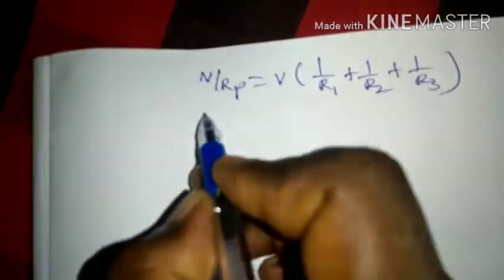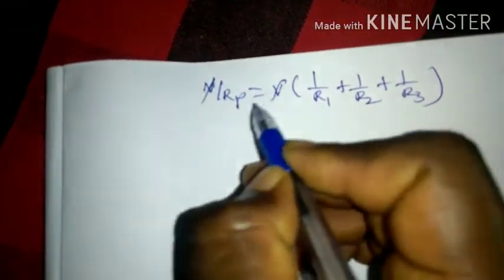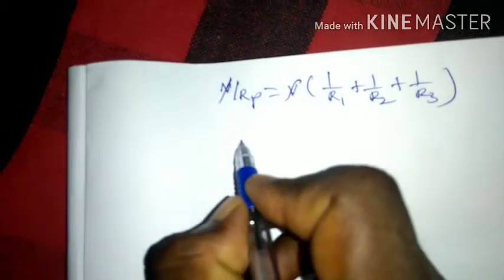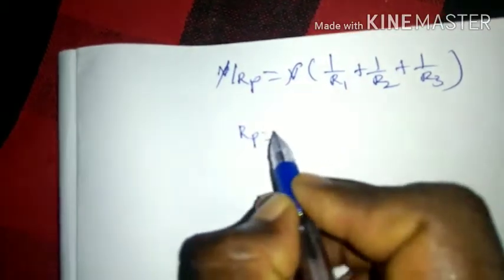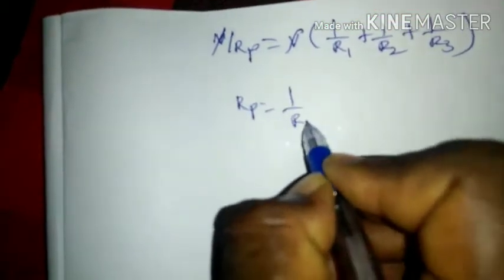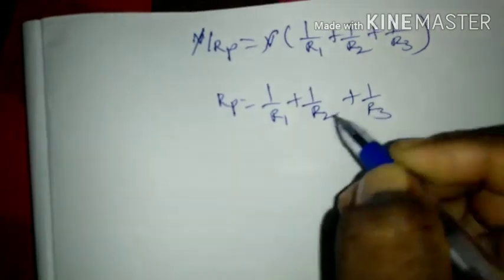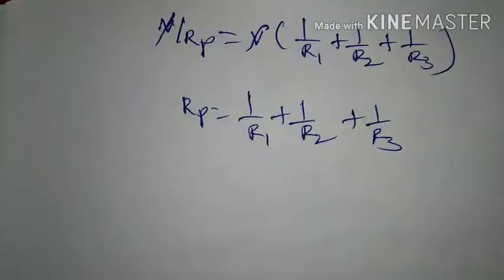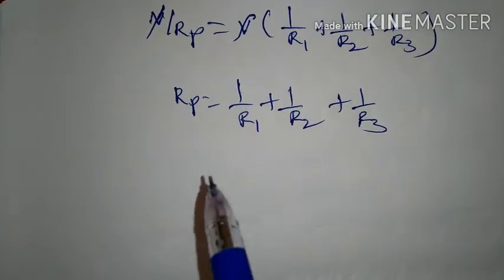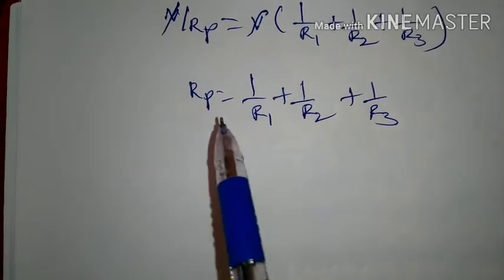After we cancel V, 1 by Rp is equal to 1 by R1 plus 1 by R2 plus 1 by R3. This is the resistance in parallel equation.